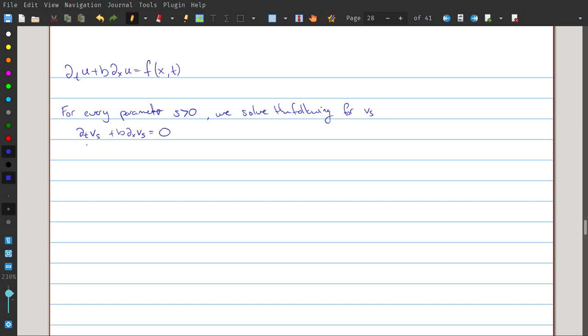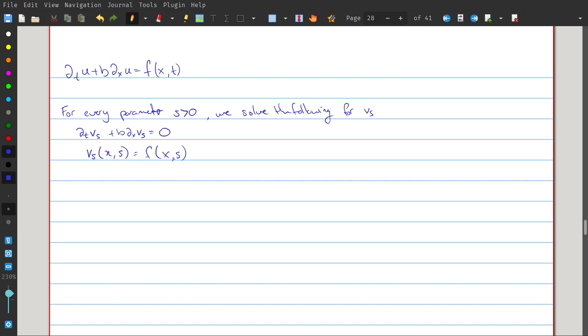It's a homogeneous problem with, I don't want to say initial condition, but maybe boundary condition or time condition, that when the time is equal to S, the particular parameter, the boundary values, or the initial condition, if you like, is given by the inhomogeneous term evaluated at time S.